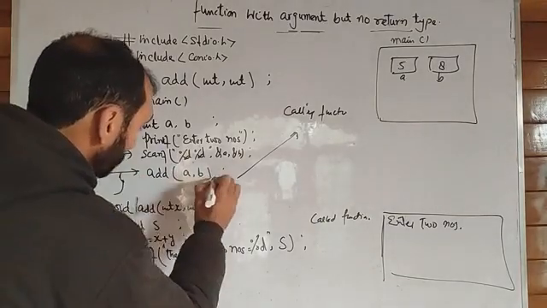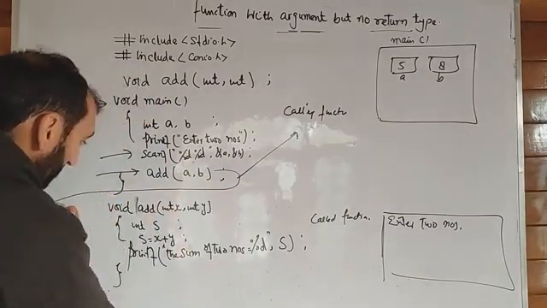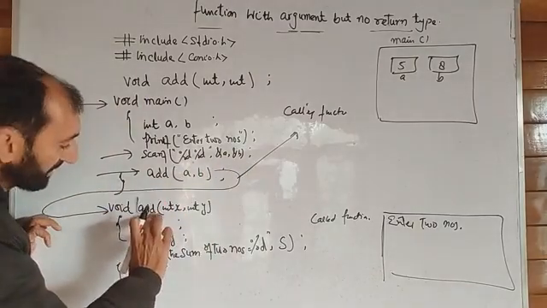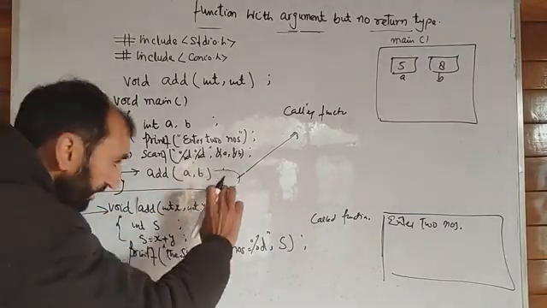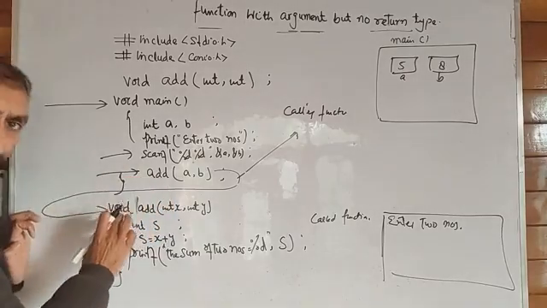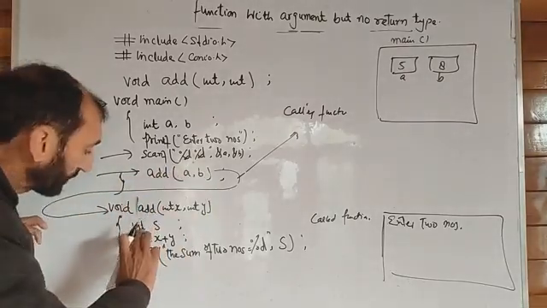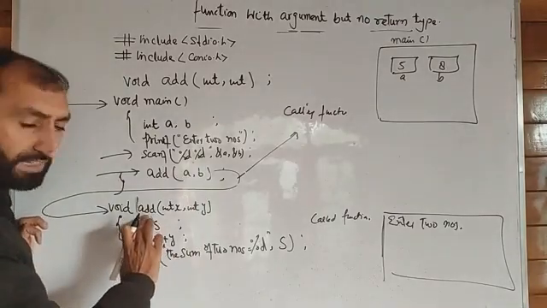The control will search for the add function, and along with this control, the two arguments a and b are passed to the add function.